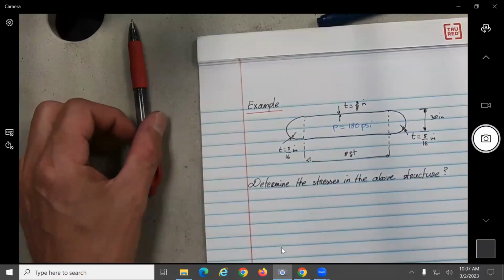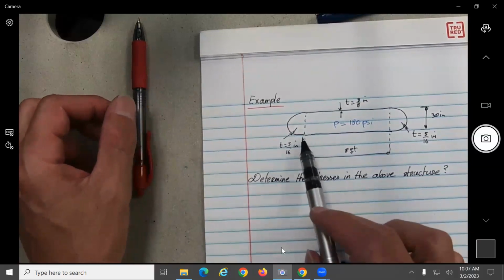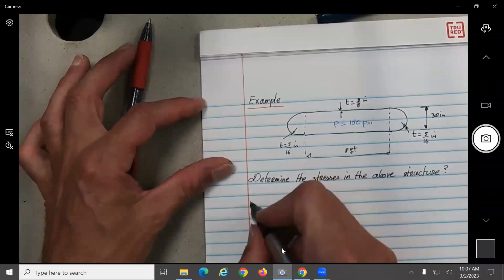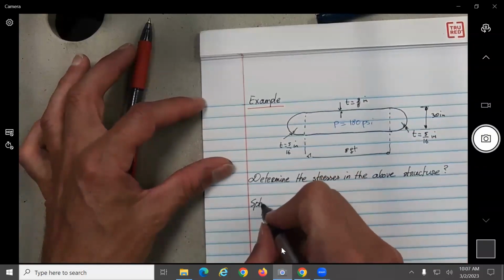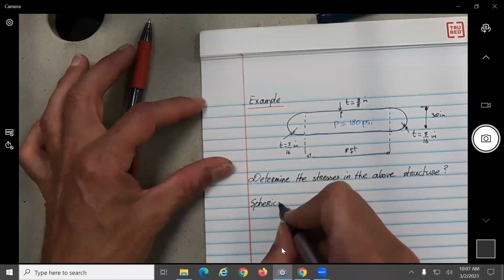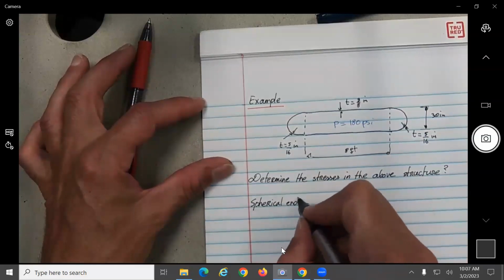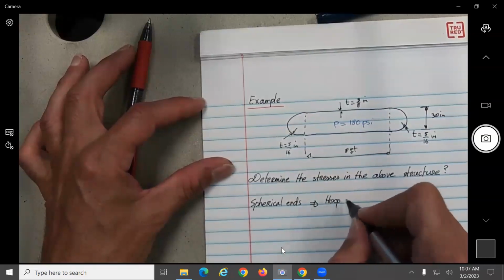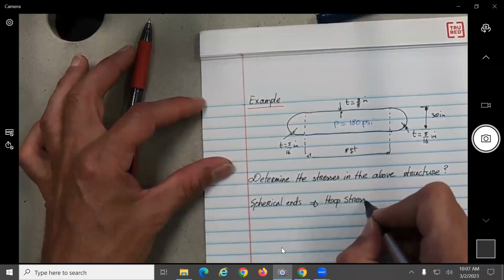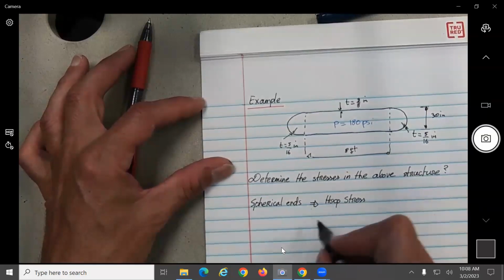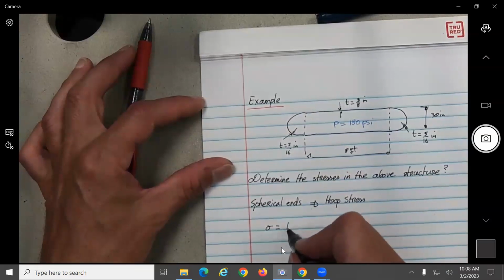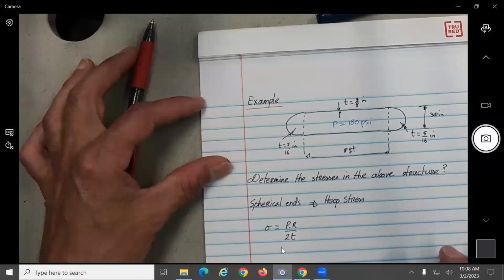Okay, so basically we need to differentiate between the spherical part and the cylindrical part. So if we look at the spherical ends, what type of stress are we going to have? The hoop stress, correct? Which is the one we used before. So sigma equals P times R over 2T.